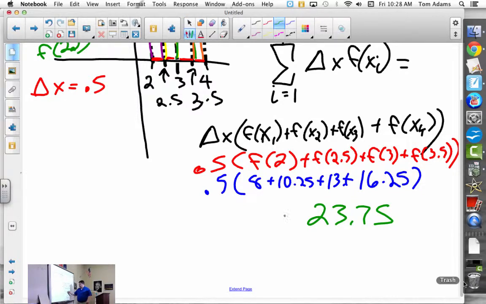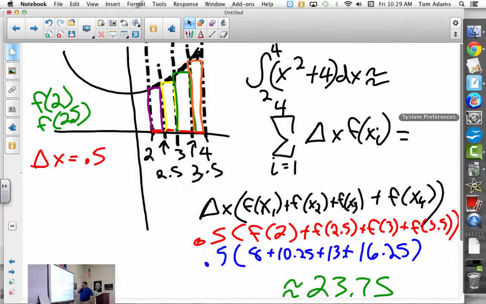But that's an approximation. It's not the exact value. So now, what did we do? We said the problem with our approximation is that we've got these little triangles. This wasn't too much more complicated to calculate than the previous example, but we had a more precise answer.